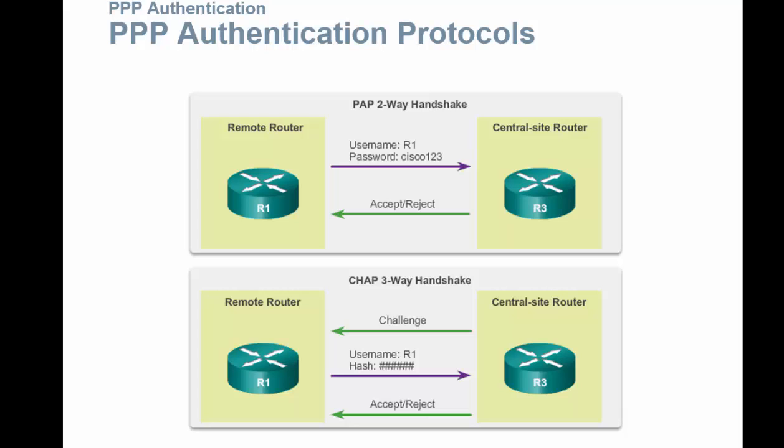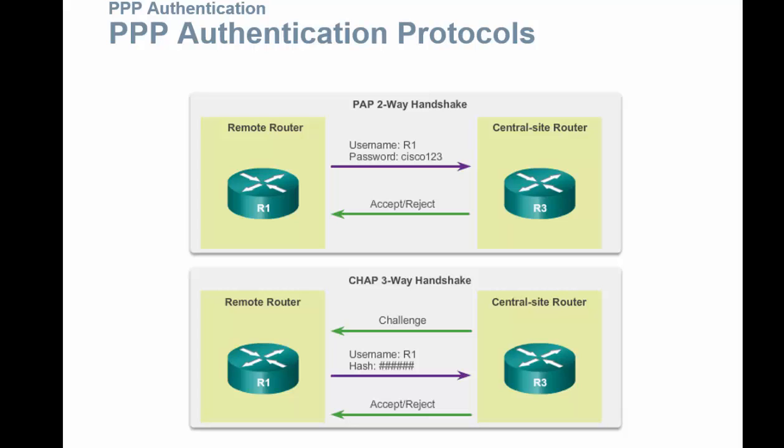The authentication phase of a PPP session is optional, and if it's used, the peer is authenticated after LCP establishes the link and chooses the authentication protocol. If it's used, authentication takes place before the network layer protocol configuration phases begin.